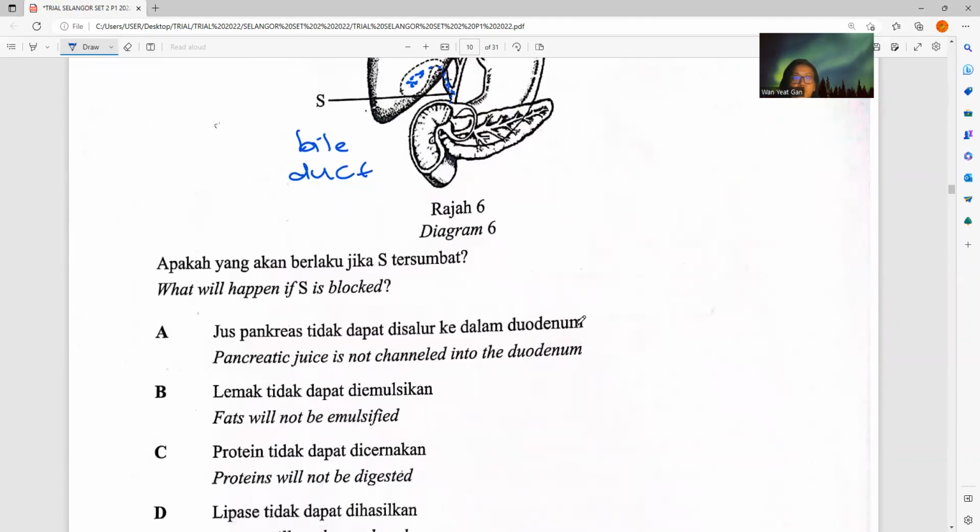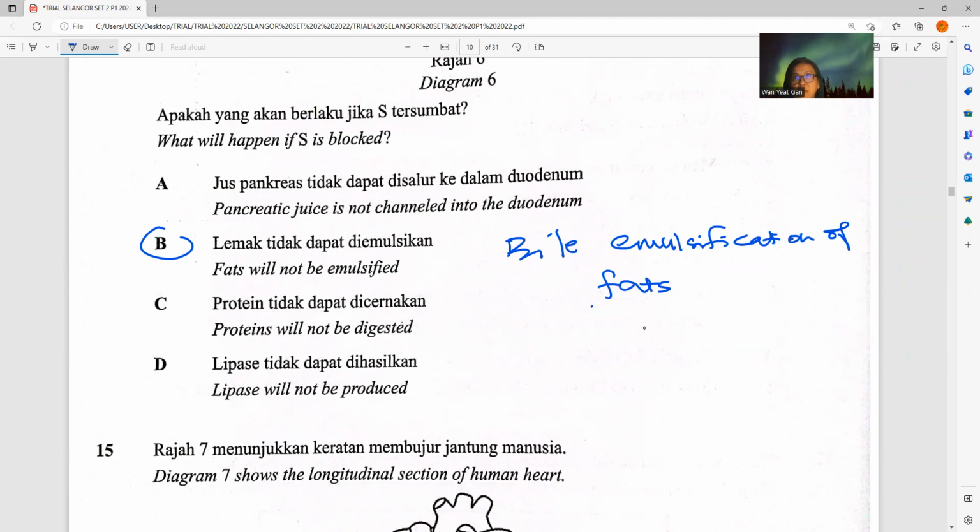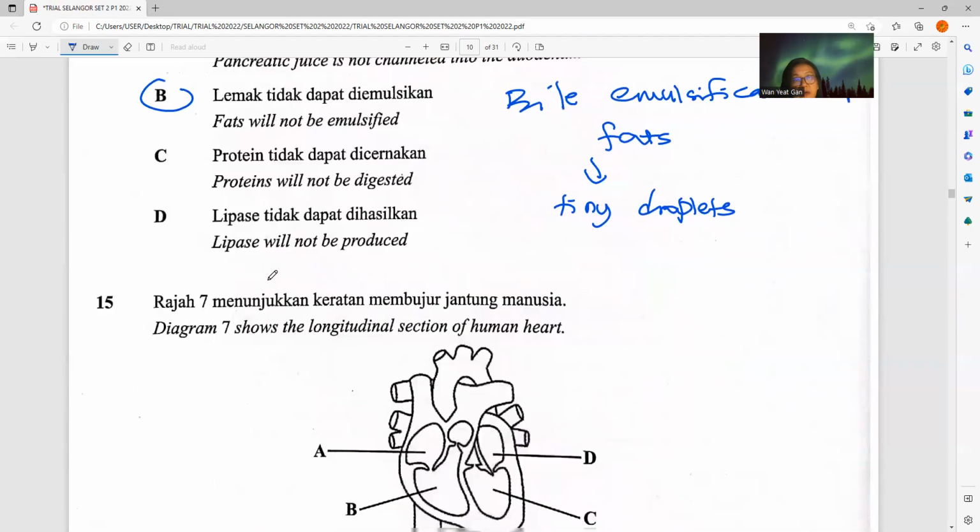So that will cause fats not being able to be emulsified, because bile salts are involved in the emulsification of fats. Okay, that means large molecules of fats are broken down into tiny droplets to increase the surface area for lipid digestion or lipid hydrolysis. Yeah, so fats will not be emulsified.